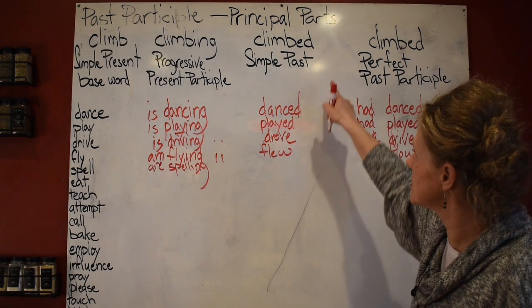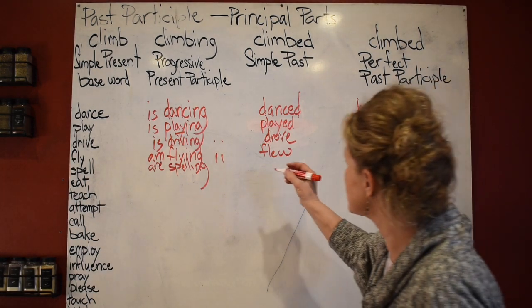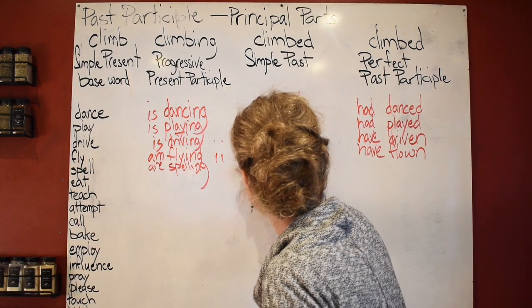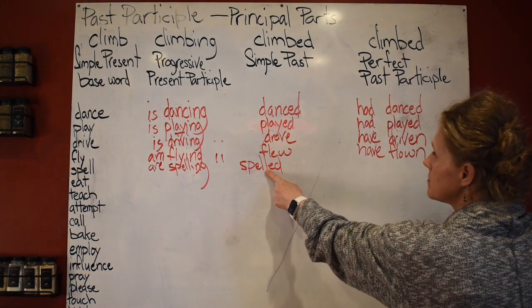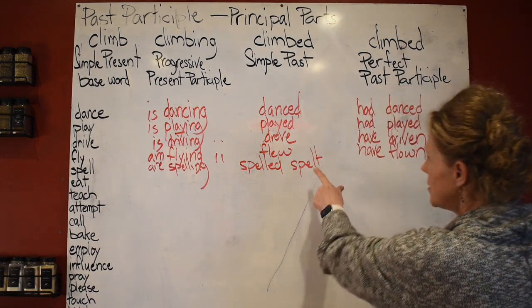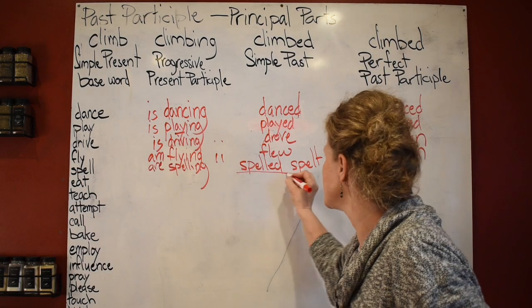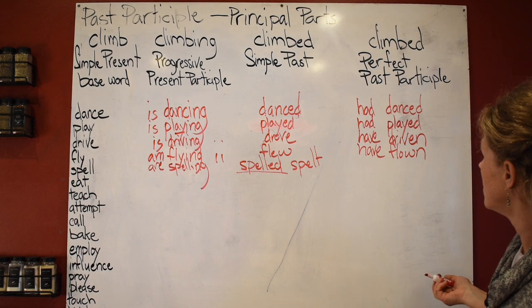What are we going to do for your simple past? Spelled. So you could do it this way, and this is the most common way. Or you could do spelt, or you could spell it like this. This is the irregular, this is not, but if you just keep it with this one, it's so much easier to not go into the irregulars.